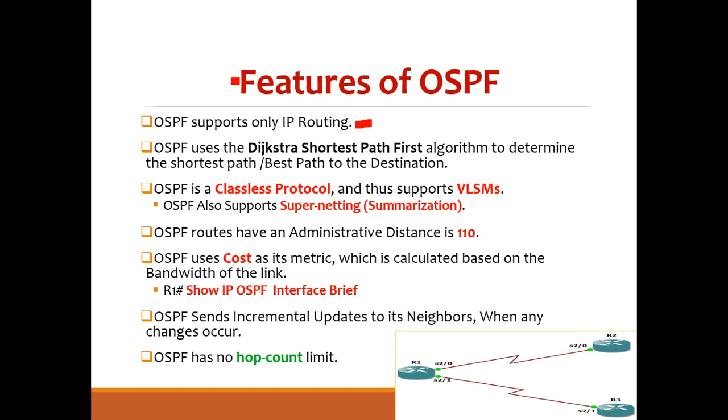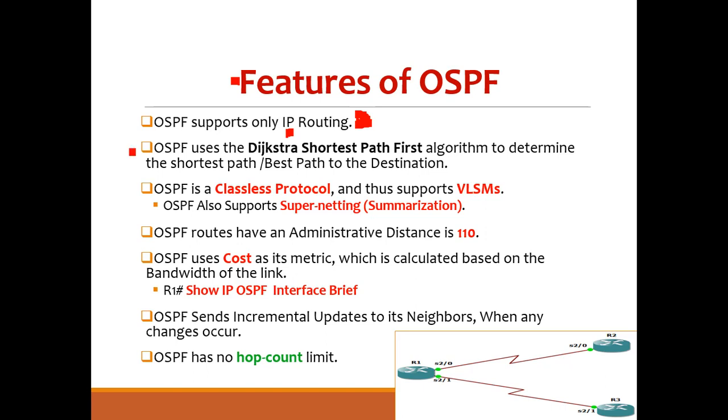But nowadays we are using only the IP routing protocol, TCP/IP. That's why this is not a best feature nowadays, because earlier EIGRP was supporting multiple routed protocols, while RIP and OSPF only support IP. Nowadays we are using IP, so it's not a big feature here.